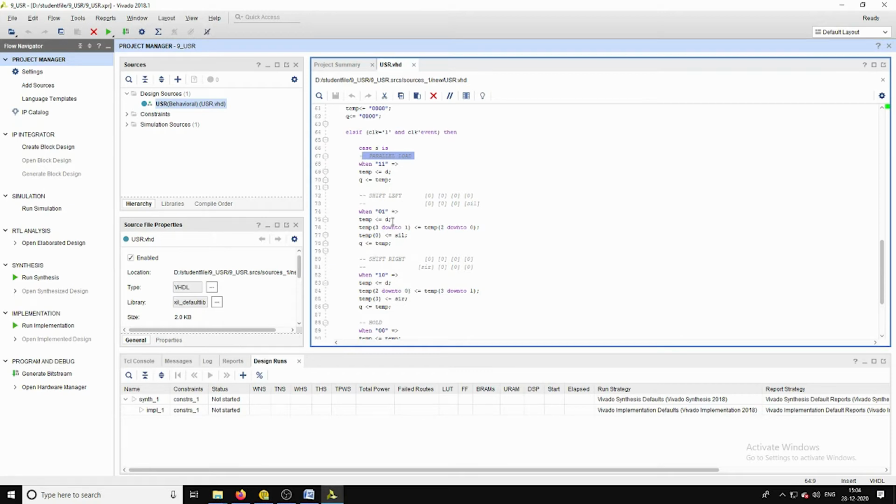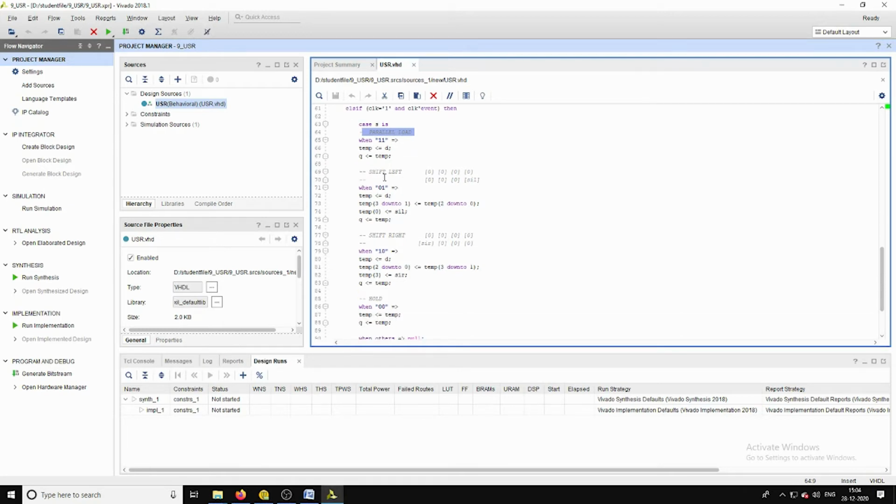In the left shift operation, we are assigning the initial bit of the temporary signal, that is temp of 0 is assigned with SIL, and the other MSB bits, that is 3 down to 1, are assigned the 2 down to 0 values.